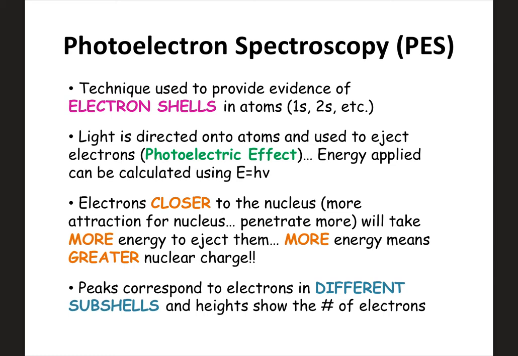Electrons that are closer to the nucleus penetrate the nucleus more, feel the nuclear charge more, and take more energy to eject. And then on these PES graphs, you can see the different subshells by the different peaks, and how high the peaks are will tell you how many electrons are in those peaks. So definitely understand this background information, and then we're going to use that as we look at these PES graphs.